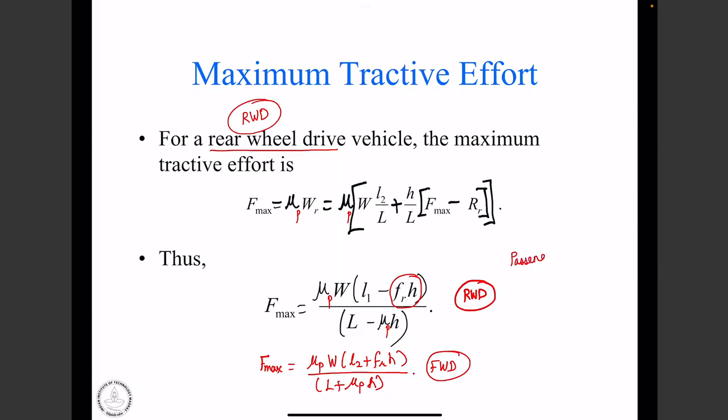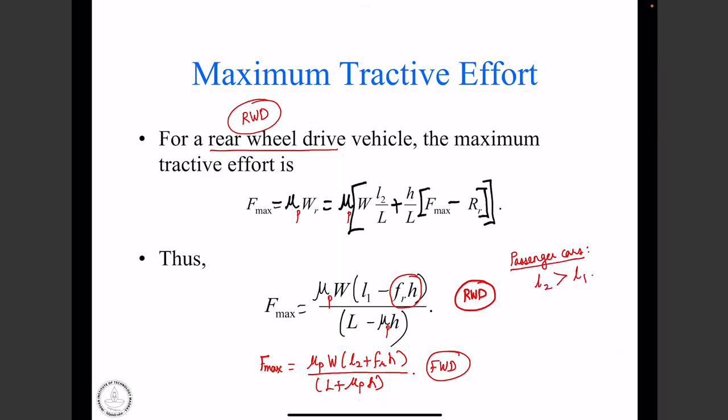In most passenger cars, the engine and powertrain are all mounted to the front. So consequently, the center of gravity is going to be more towards the front. So we can immediately see that L2 is going to be greater than L1, because the CG is more towards the front, so L1 is less than L2.